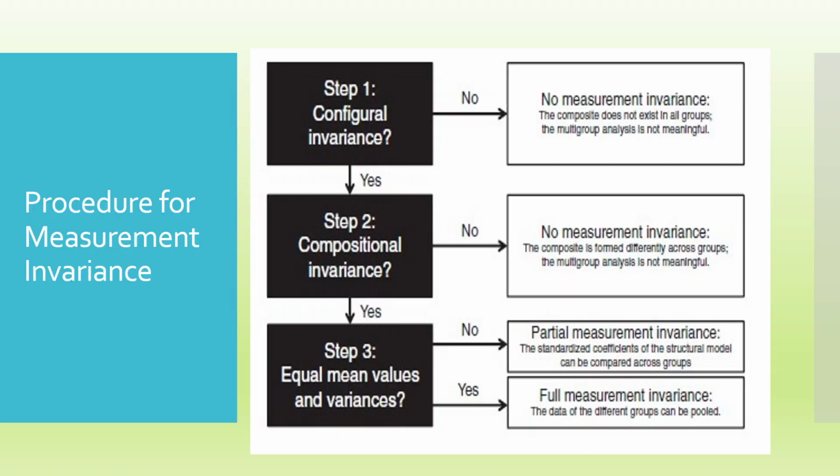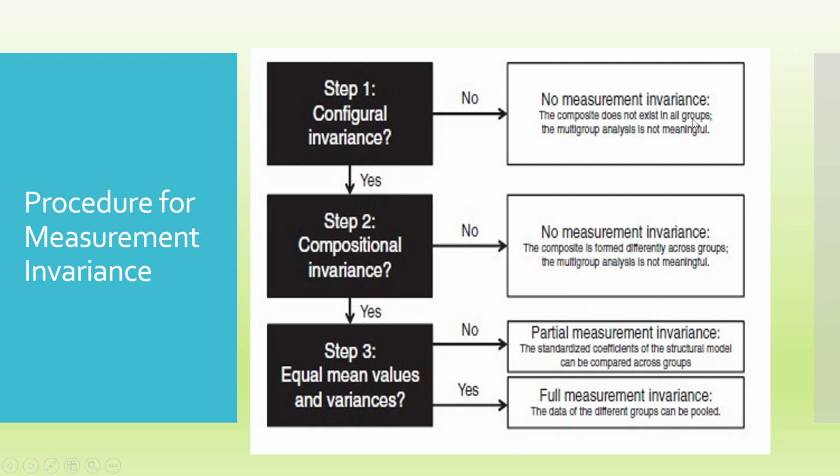So the procedure is, we have discussed step 1, configural invariance. If it is achieved, we can go on to step 2, compositional invariance. If it is achieved, we go on to the third step, equal mean values and variances. But what if we don't achieve configural invariance? Then we don't have measurement invariance.